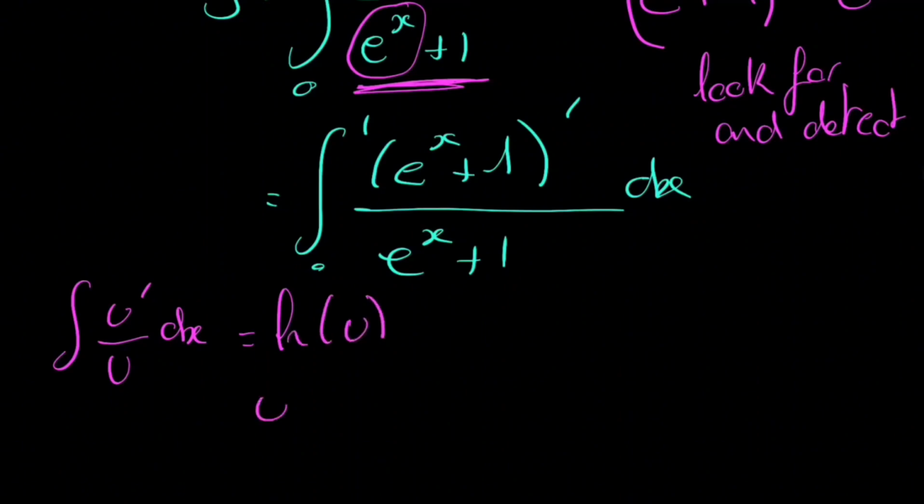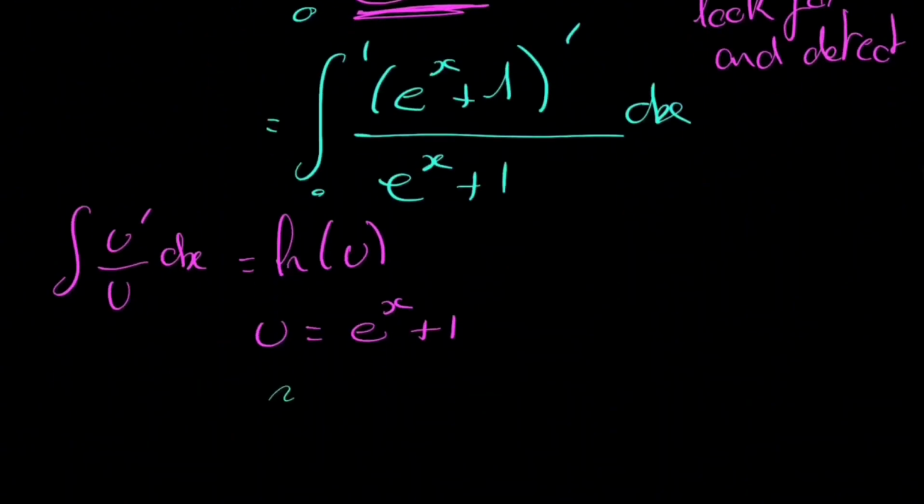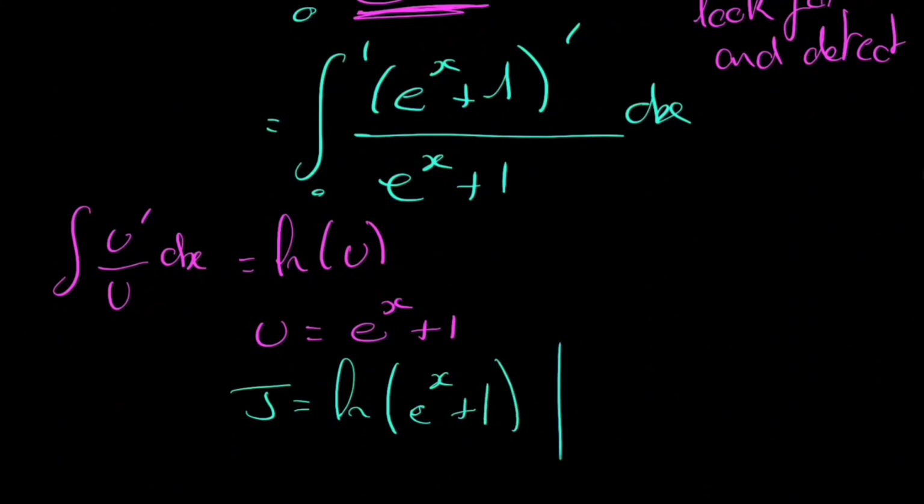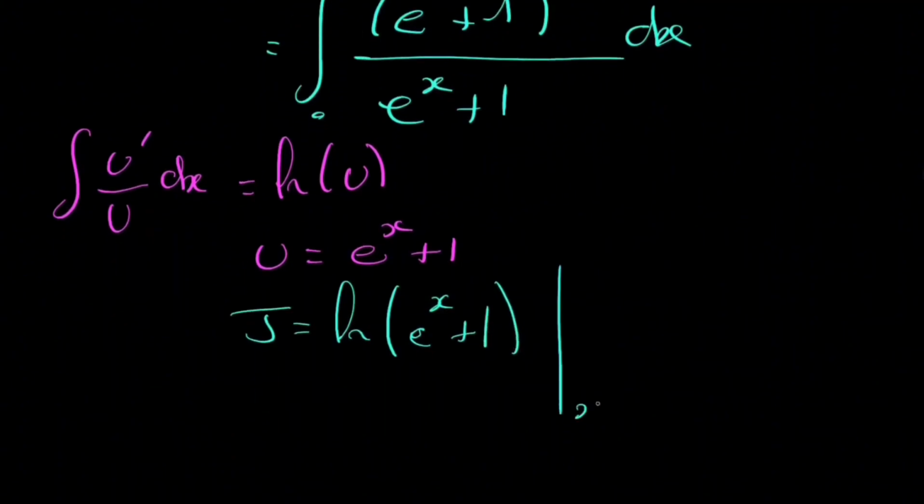So why not set u equal to exponential of x plus 1, and so J is equal to ln of exponential of x plus 1 taken between x equal 0 and x equal 1.